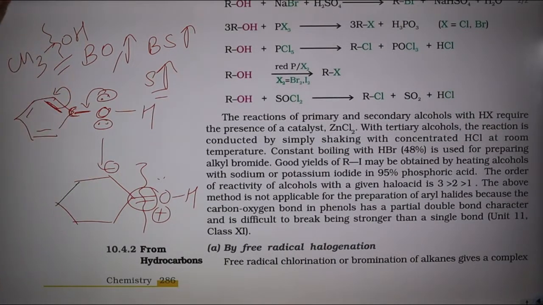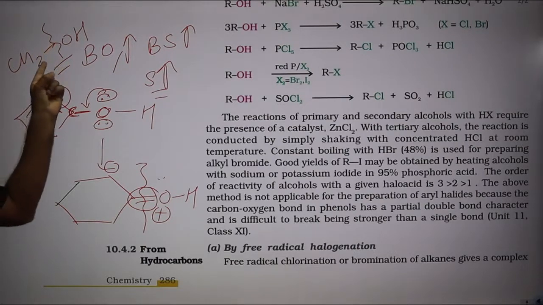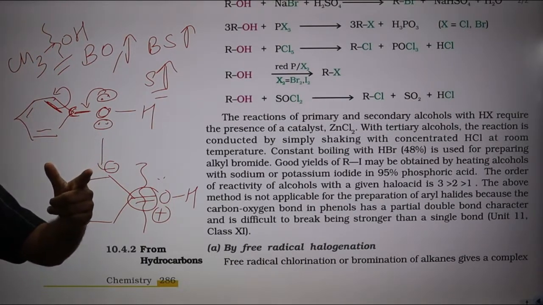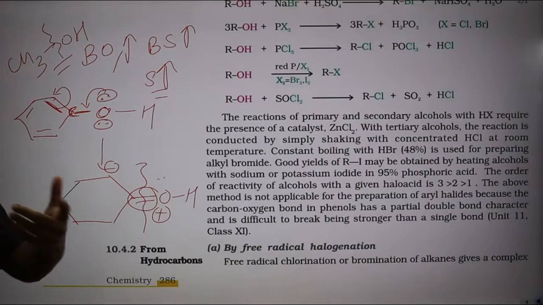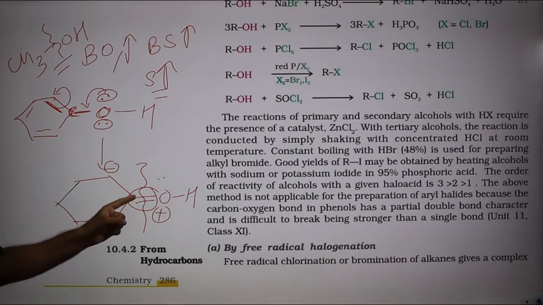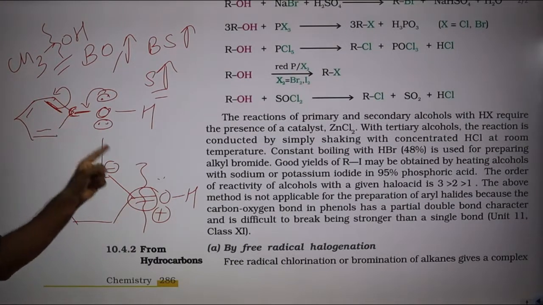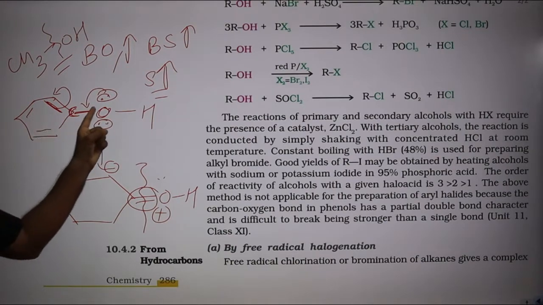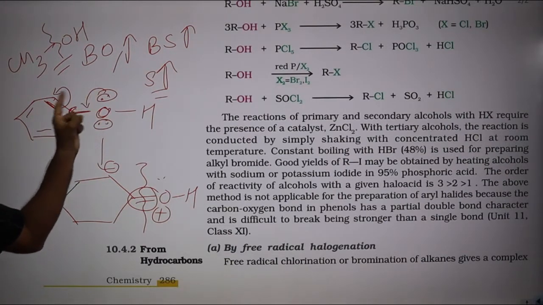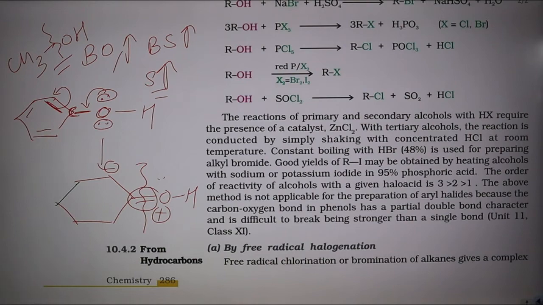Keep in mind, breaking of the carbon oxygen bond in tertiary alcohol is much easier, because if we break it, we get a stable carbocation. In this case, we cannot break it because a partial double bond is generated because of the resonance, because it has a conjugated system: double bond, single bond, lone pair.